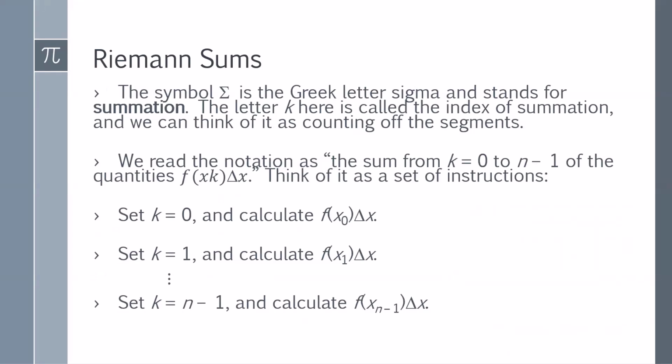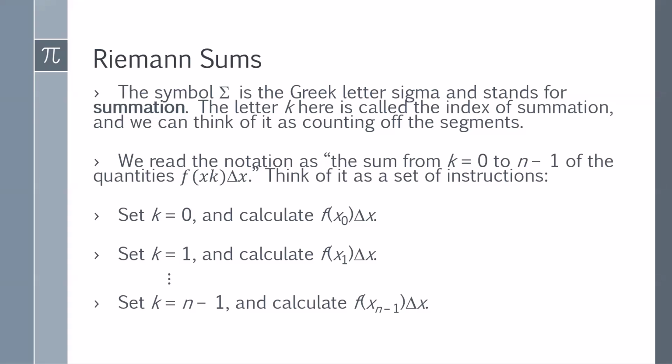The letter k that we had was called the index of summation, and we can think of that as counting off the segments. We read off the notation as the sum from k equals 0 to n minus 1 of the quantities f of xk delta x. If you've ever used a loop, this is what we're doing.